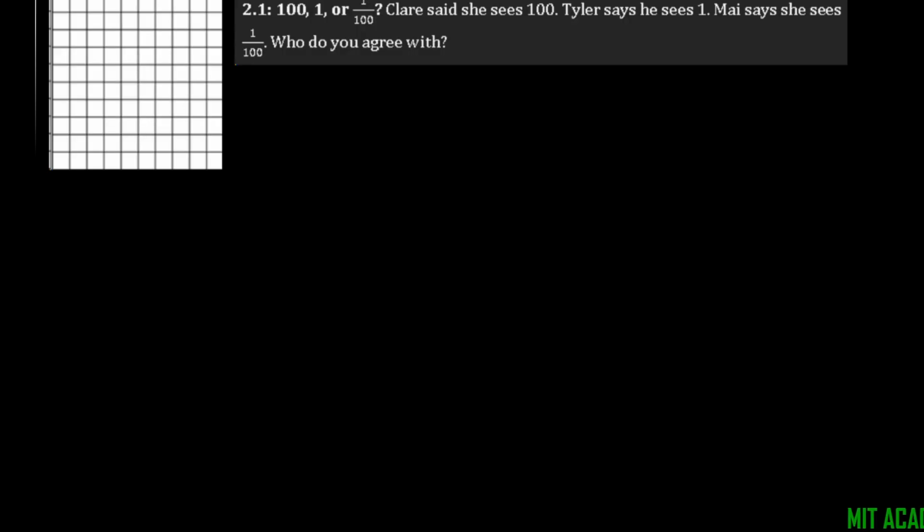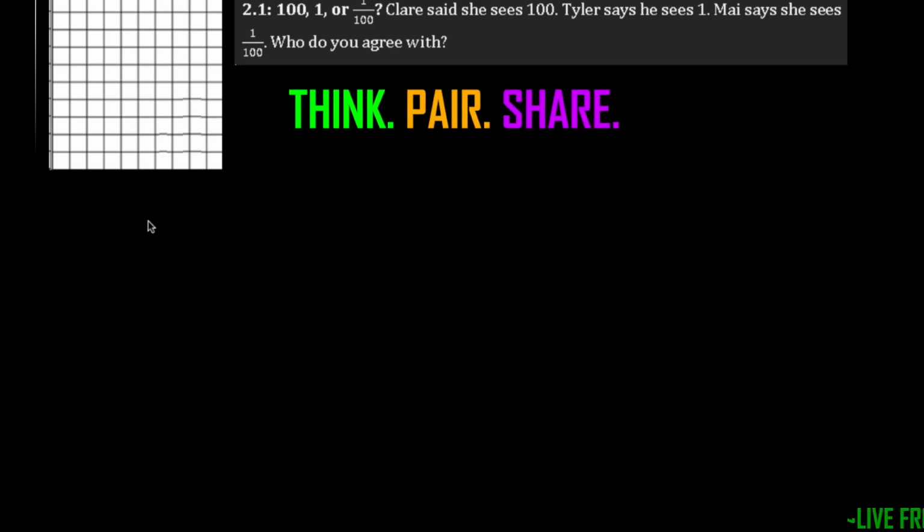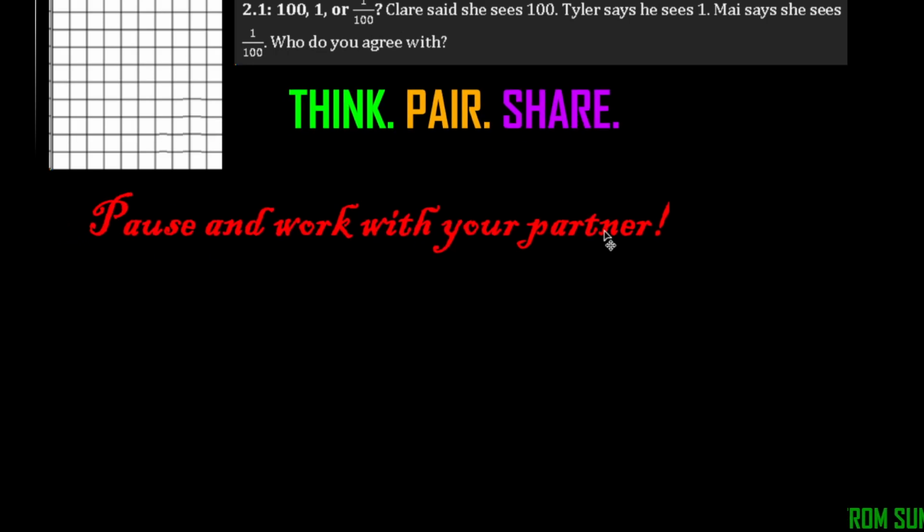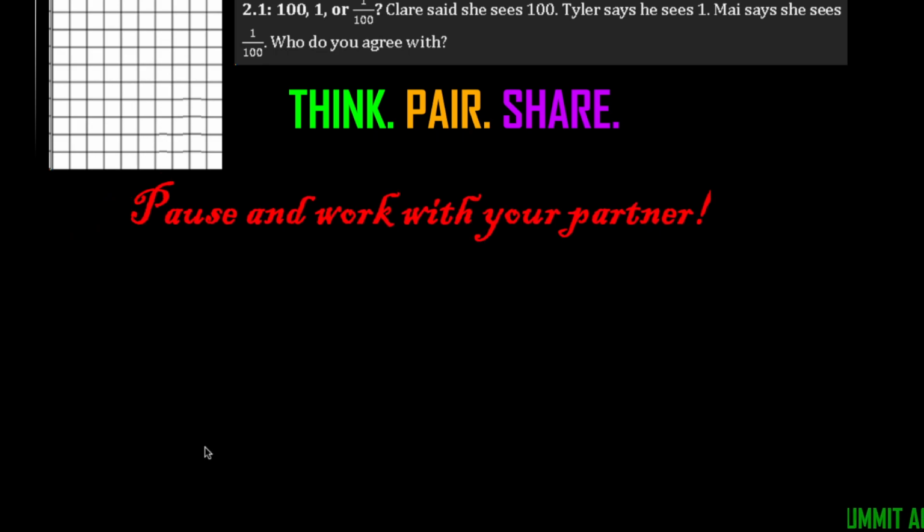So for the first part, it says Claire said that she sees 100, Tyler says that he sees 1, and Mai says that she sees 1 out of 100. Who do you agree with? What you can do is think, pair, share, and you can pause and work with your partner to try and figure this out.